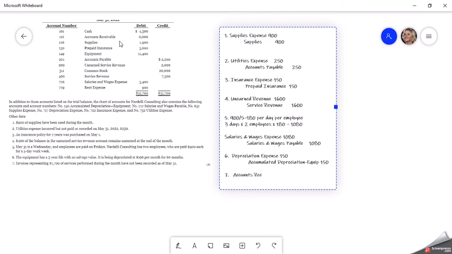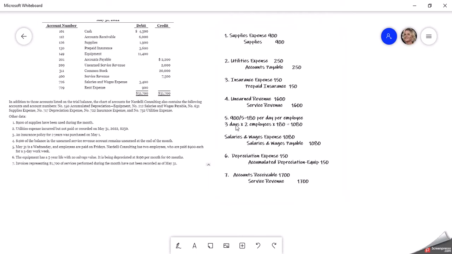So we debit accounts receivable for the $1,700 worth of services that have been performed but not billed out or recorded. And then we're going to credit service revenue, because again, we've earned it, we've completed it. So then these are all of our adjusting entries that we need to record.